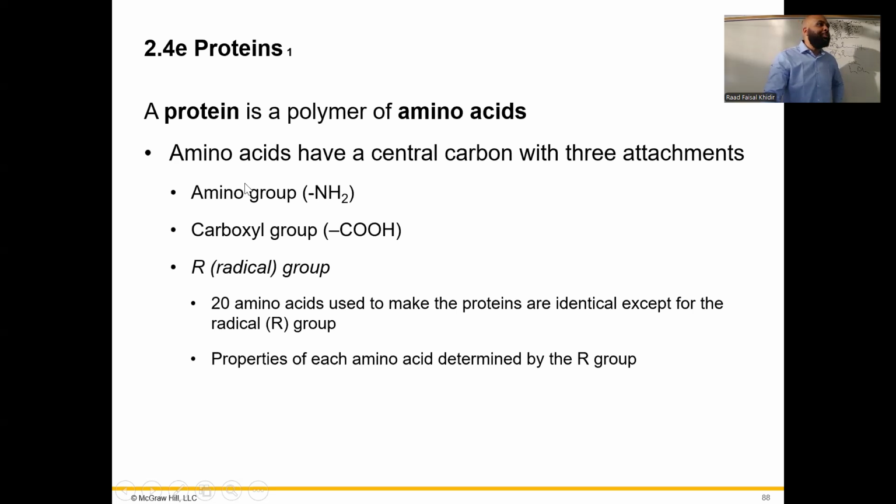There's an amino group, NH2. We talked about that. That's not a secret anymore. We said that the alpha carbon, C alpha, has an H, has an amino terminal, has a carboxylic terminal, and an R group. Just because you got it doesn't mean everybody did. So I have to make sure everybody gets it.